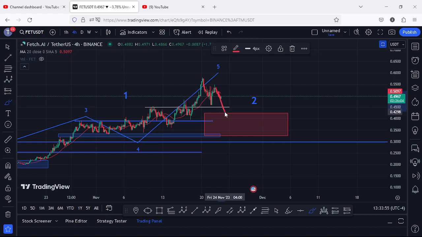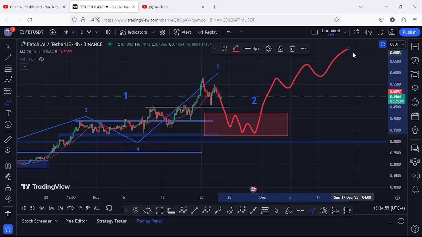The moment we lose that significant area of support, I will be expecting to see Fetch AI give us that pullback into this red target area, fully maximize the area, see a low in place, and then see a reversal to the upper side, breaking above significant highs and significant areas of resistance in an impulsive move in the formation of that wave 3. So that is what we need to watch out for in the next coming hours.